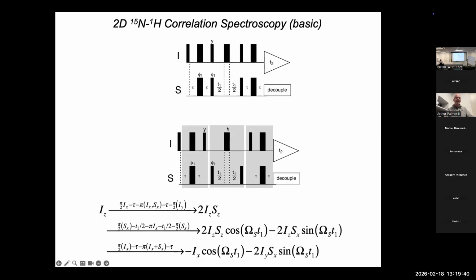There's no scalar coupling and there's no chemical shift evolution. So we still have minus RY magnetization. That's not affected by the pulse. So we have minus RY magnetization.